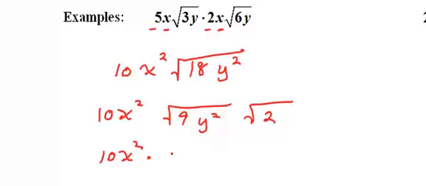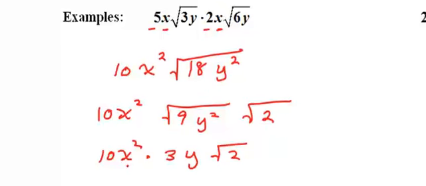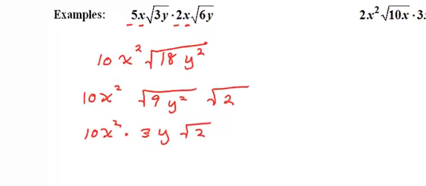We created it that way. Square root of 9 is 3, and we get y to the half of 2 power, which is 1, times the square root of 2. Now done, we can push together the 10 and the 3 and say that's 30 x squared y square root of 2.